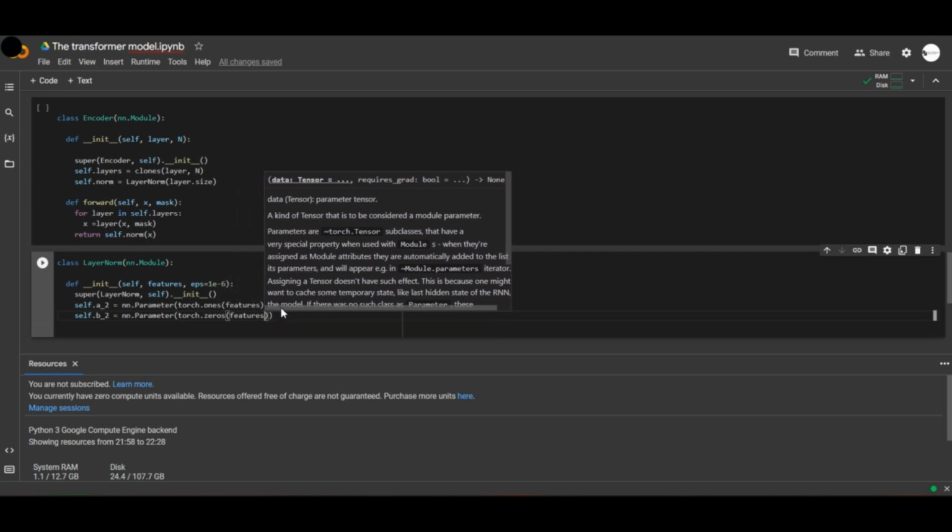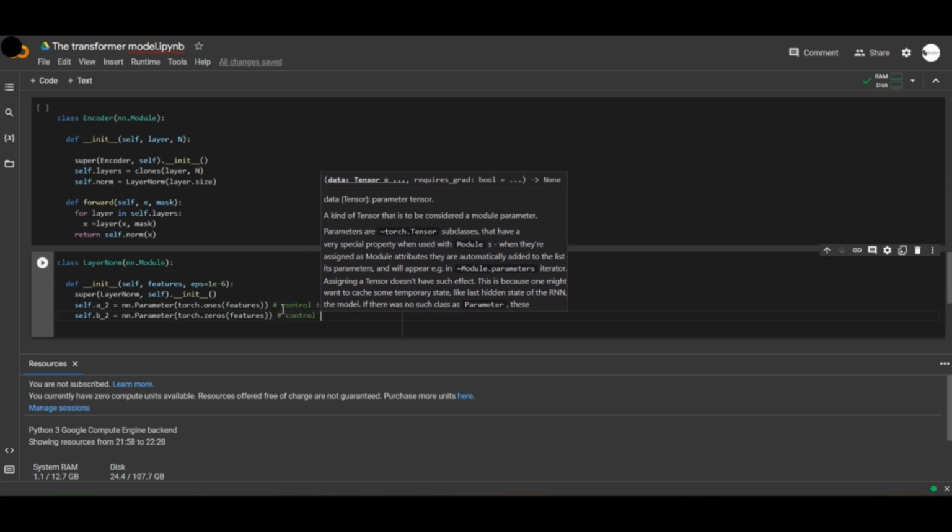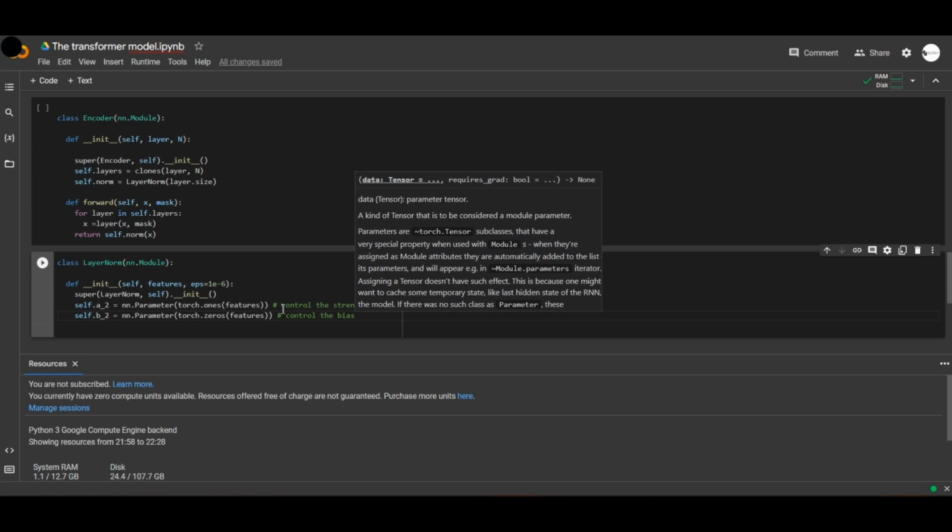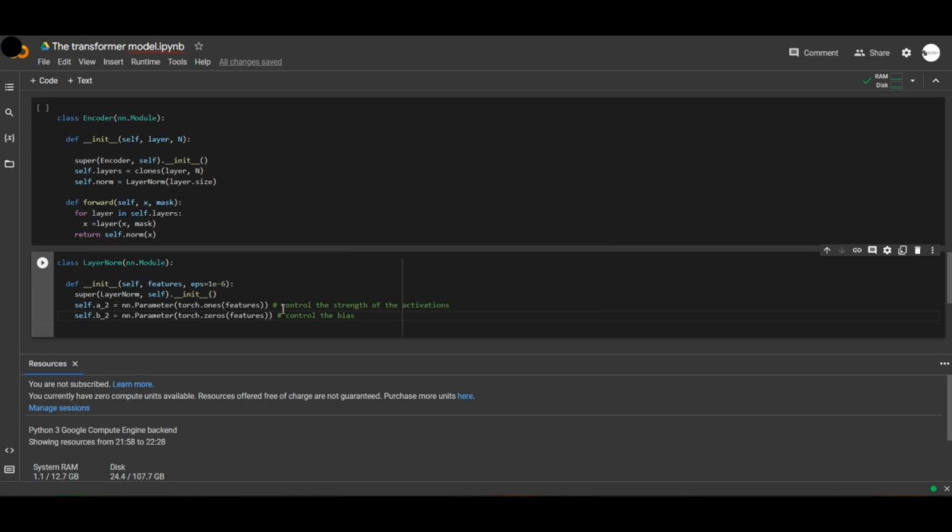So we have parameter and we have torch.zeros(features). Here we control the bias. This is also a learnable parameter, but it shifts the factor of the normalization, whereas the one with ones controls the strength of the activation, so it scales the factor.